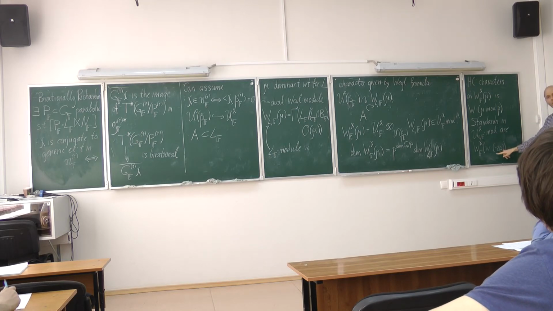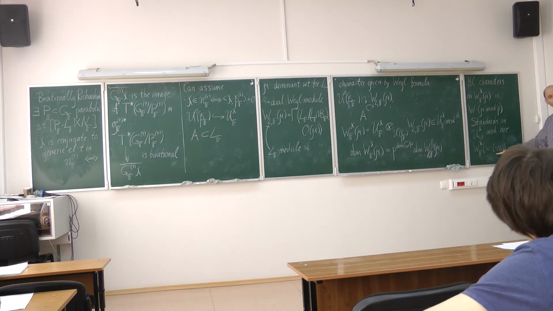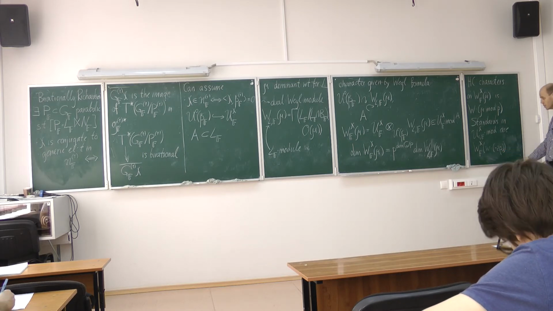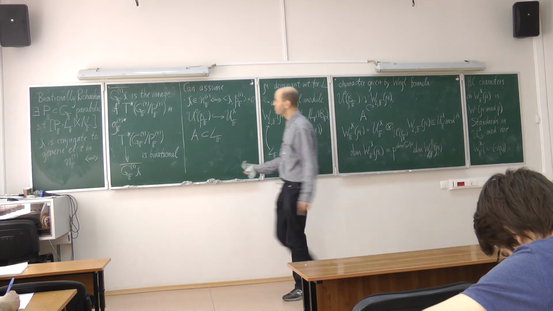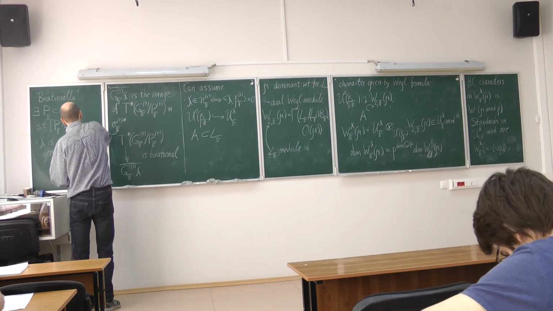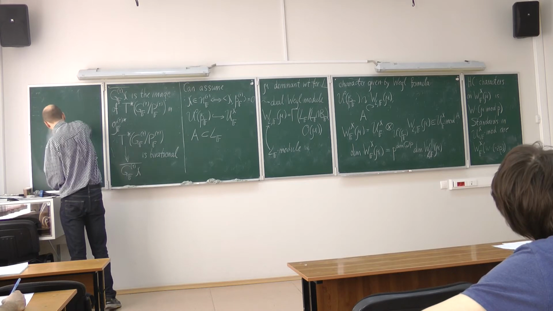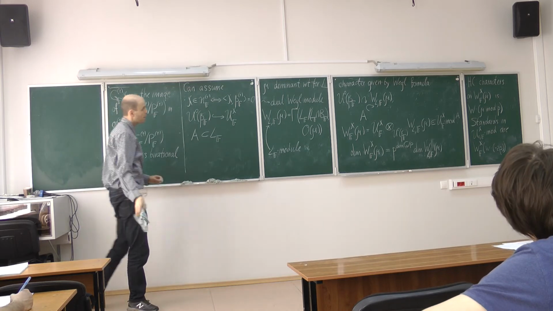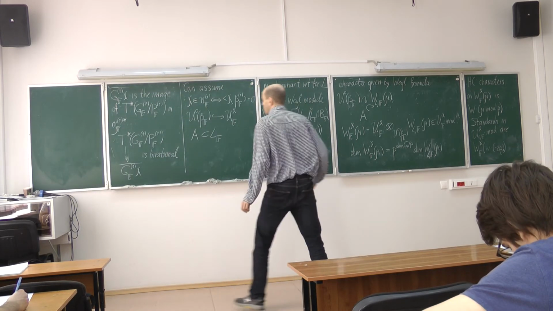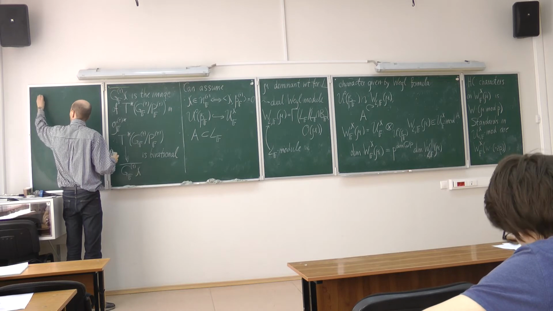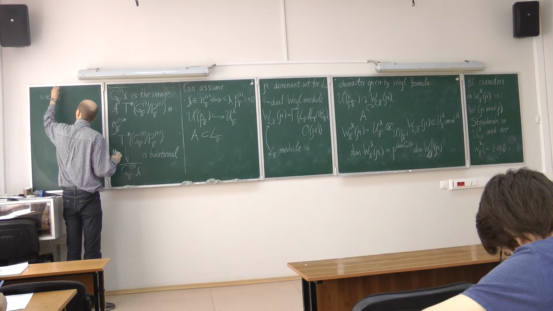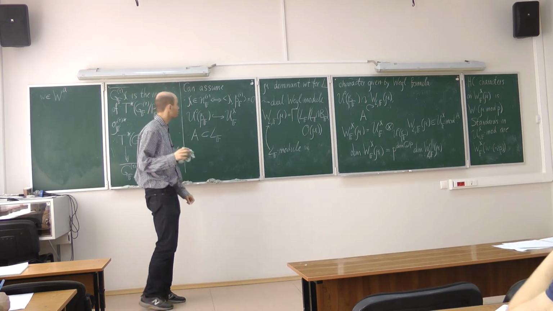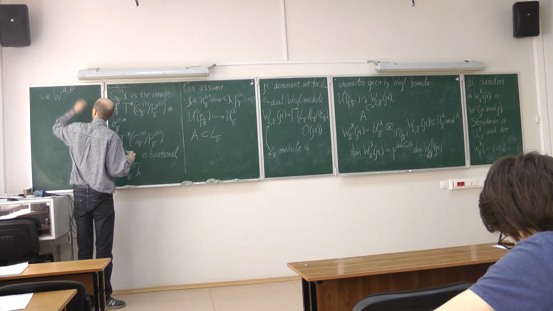But we also want this weight to be dominant for L, right? So what is this condition? This condition is precisely, it's precisely that W lies in longest coset representatives for P. Okay?